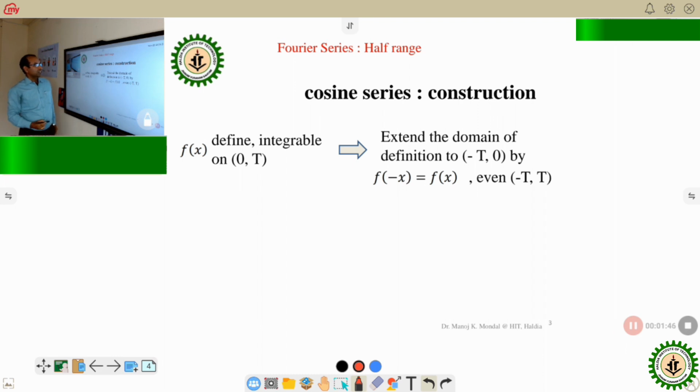Next, the construction of the Fourier cosine series. How can we construct the Fourier cosine series? For the half range Fourier cosine series, first we are given one function f of x, and it is defined just over the interval 0 to t.